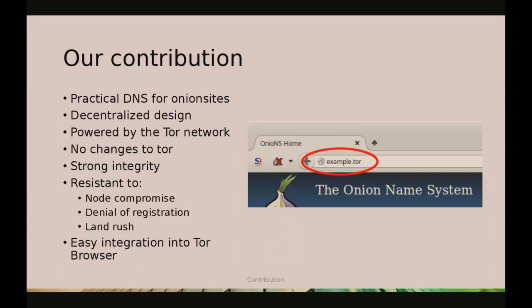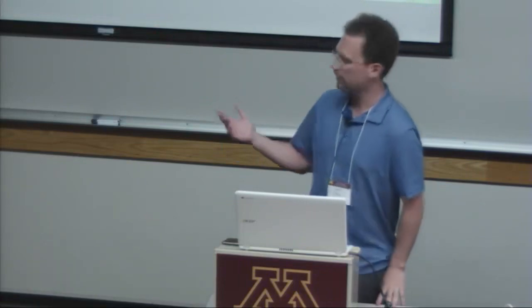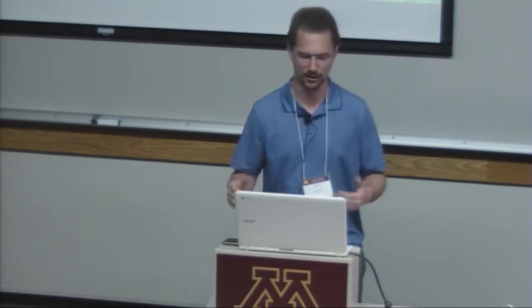It has strong integrity guarantees and is resistant to node compromise, denial of registration, and land rush attacks. And as you can see here, it works inside the Tor browser, and by dropping a few files into the Tor browser, it works out of the box at startup. So it is relatively easy to integrate into this existing system.